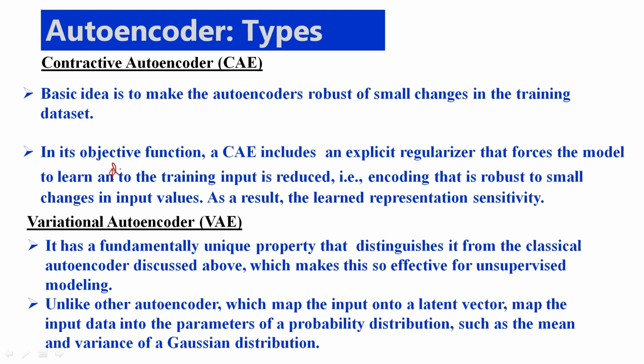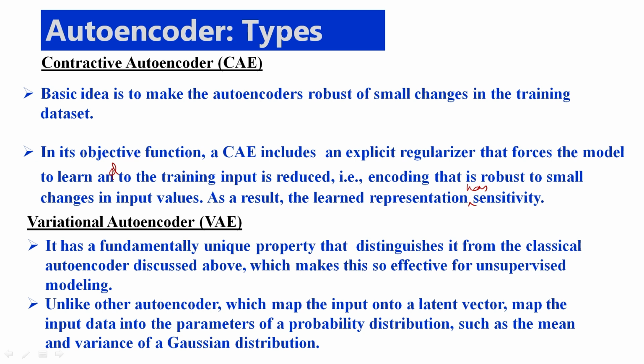As a result, the learned representations have very low sensitivity. That is what it is. So, in a nutshell, the idea behind these encoders, proposed by Rifai et al. in around 2008 or so, is to make the autoencoders robust to small changes.